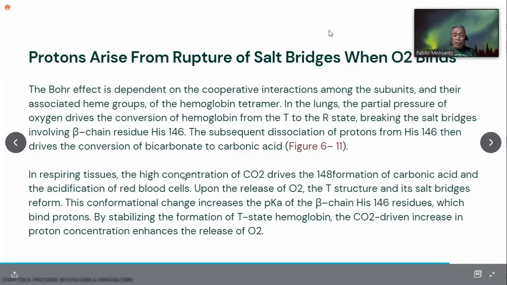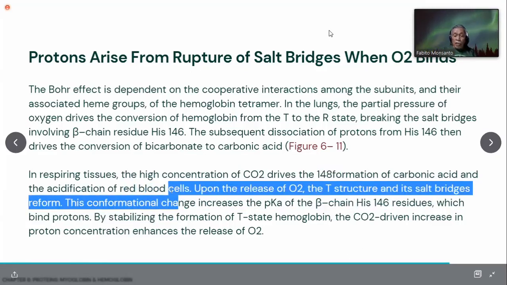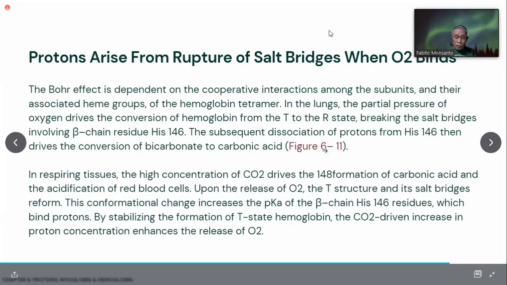Now, in respiring tissues, high concentration of CO2 drives the formation of carbonic acid and the acidification of your red blood cells. Upon the release of oxygen, the T structure and its salt bridges reform.